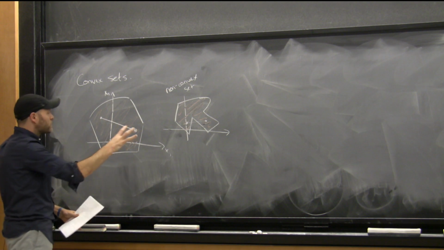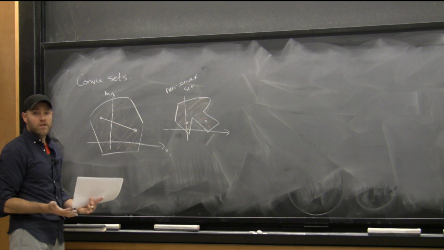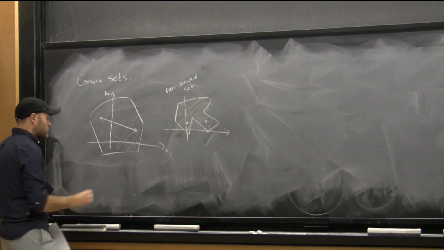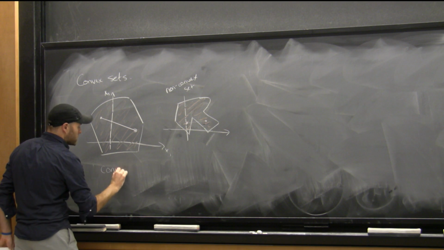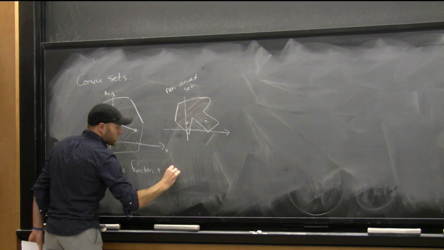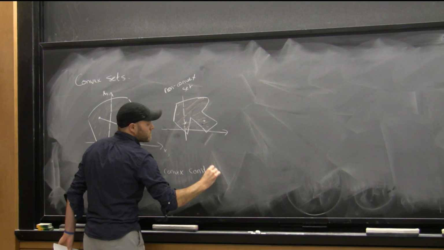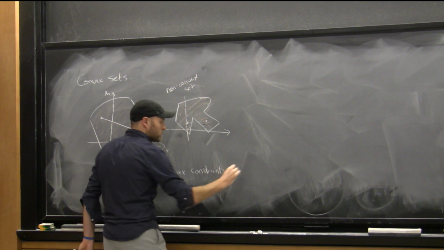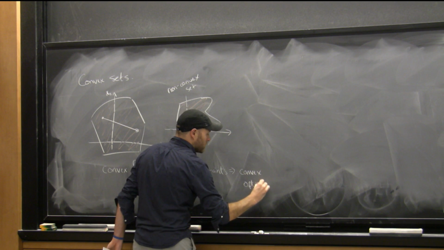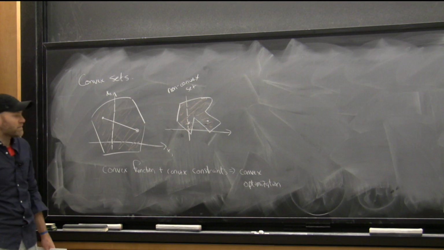If I'm in a convex function and a convex set with convex constraints, then the optimization problem is much easier for numerical methods, and that's the stuff of convex optimization. There are some great courses here on it, and I would recommend them.